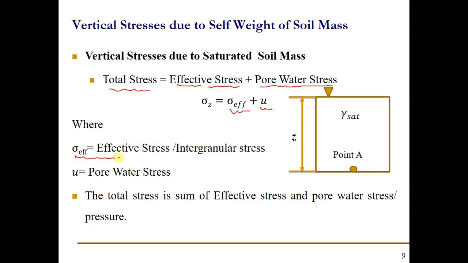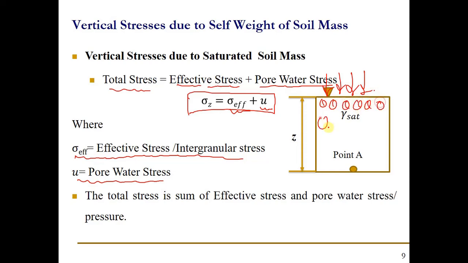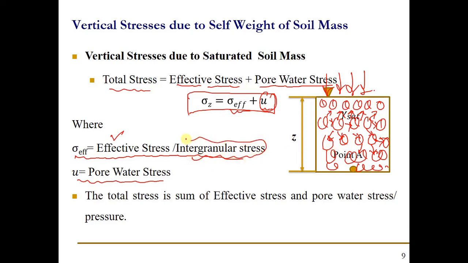This topic will be discussed in greater detail in geotechnical engineering 2, but for the time being you can note down that the total stress is the stress taken by the soil solid particles as effective stress, and the pressure which is taken by the water, the pore water pressure U, if it increases, will disperse those solid particles, and the particles will try to go far away from each other, and therefore reduce the intergranular stress or the strength of the soil.